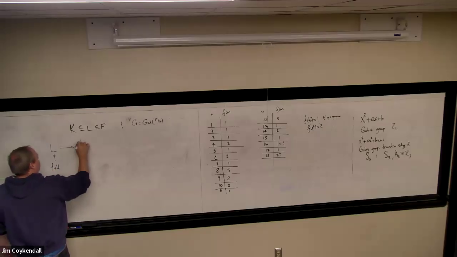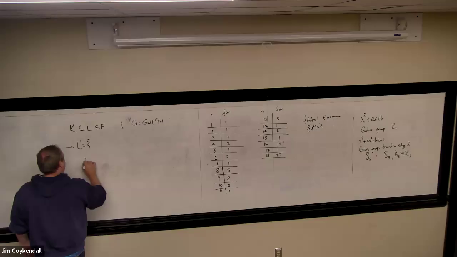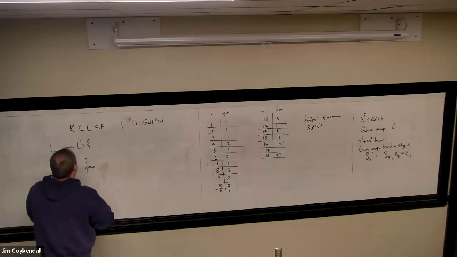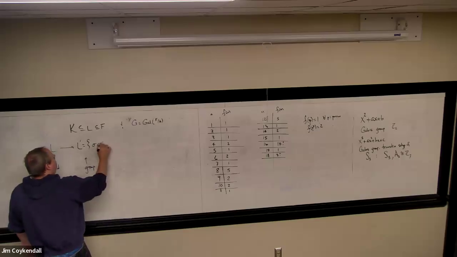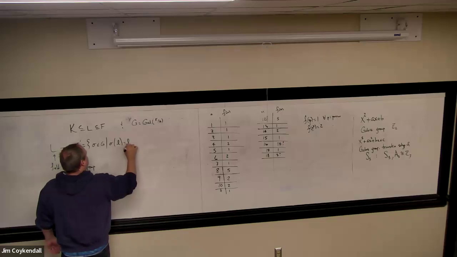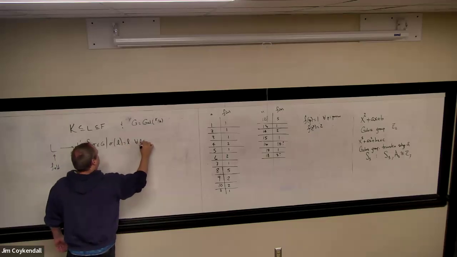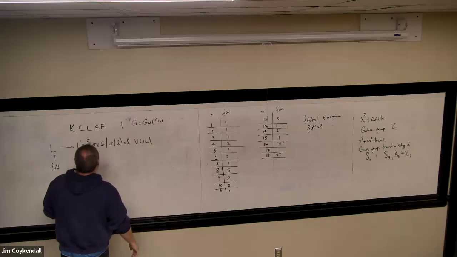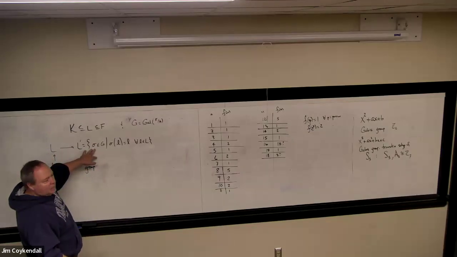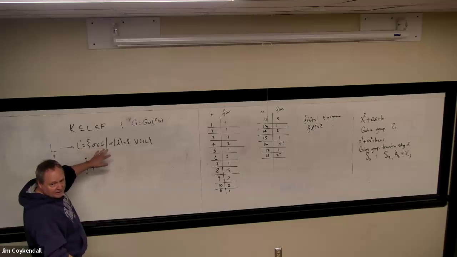Then you go to L prime, and this is a group. This is all the elements in G such that sigma(l) is equal to l for all l in L.